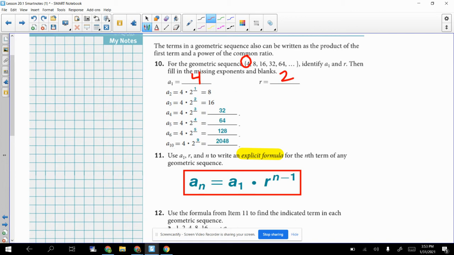So then if you go to figure out a sub 2, you would do 4 times 2 to the first power and get 8. If you try to find the third term, you would do 4 times 2 to the second power and get 16. Try to find the fourth term, 4 times 2 to the third power.